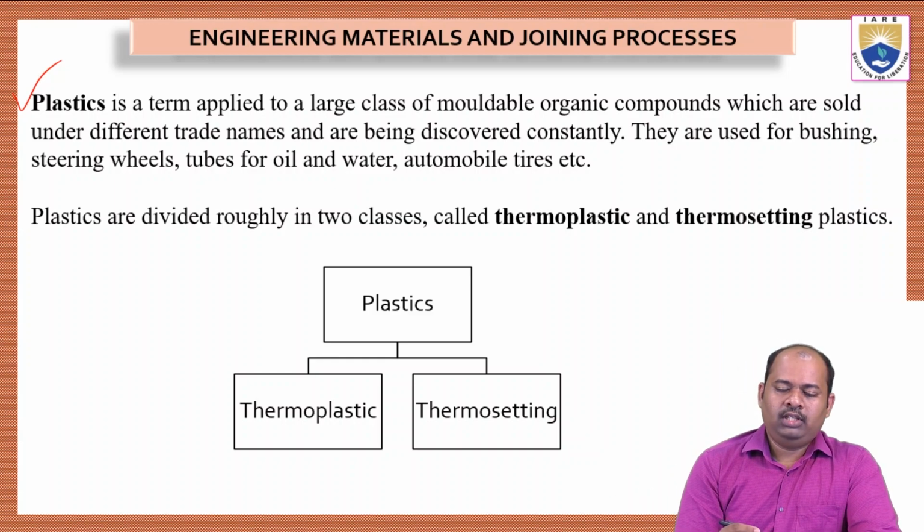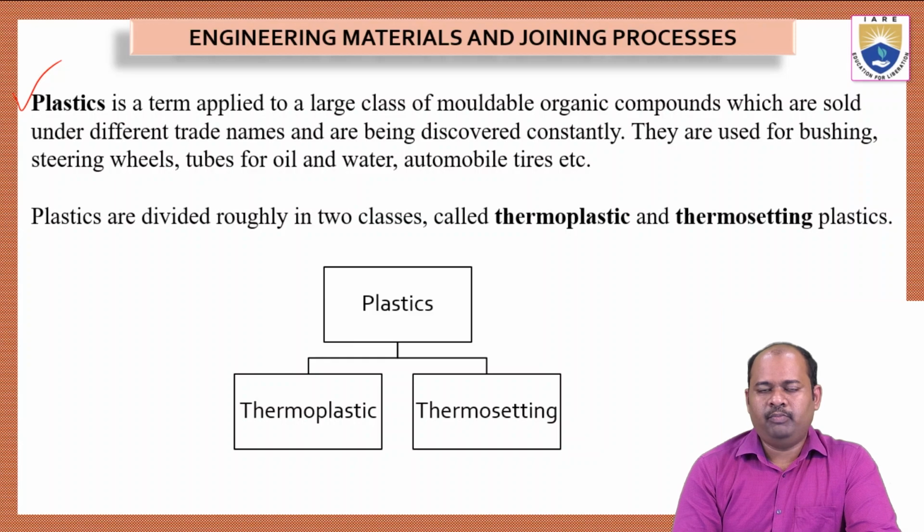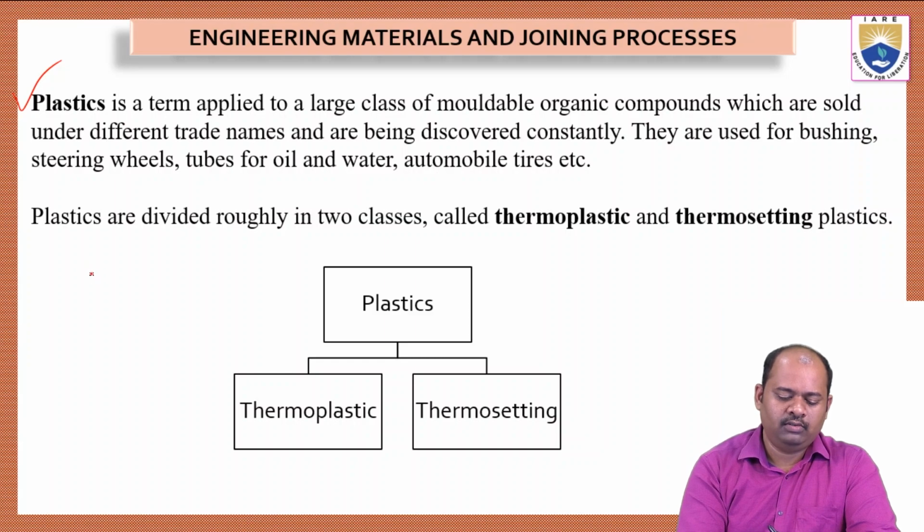So what are the general names we know for plastic? Plastics are used in everyday life. They are sold with different names like PVC, polyvinyl chloride, which is a polymer.